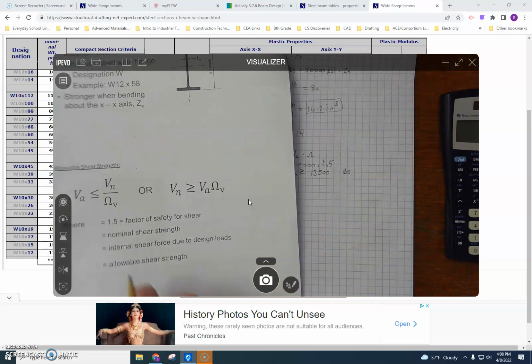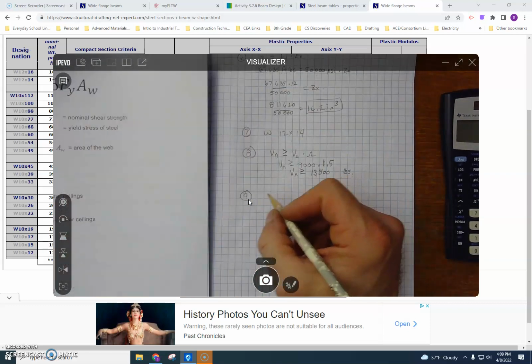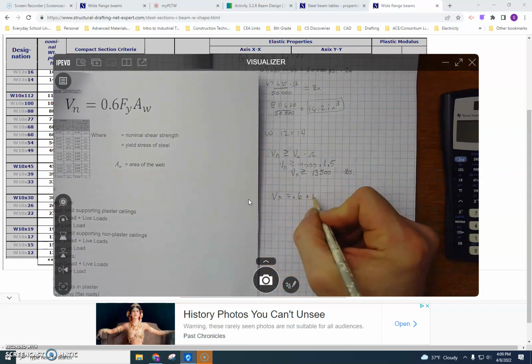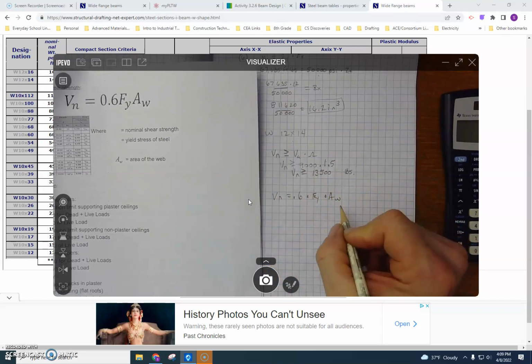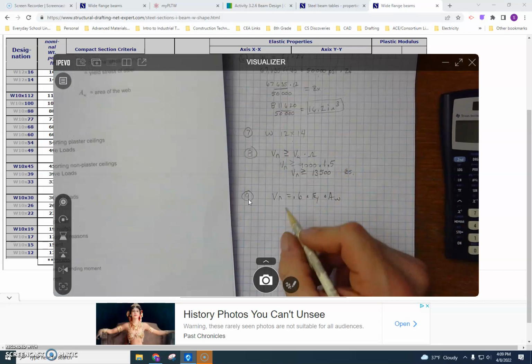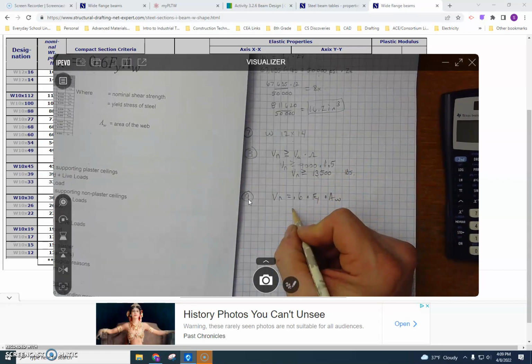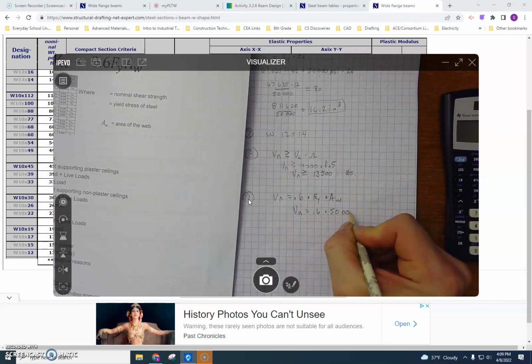So, the next formula is this formula. Vn equals 0.6 times Fy times AW. Okay, so we know Fy, they gave that to us at the very beginning, so the Vn is going to equal 0.6 times 50,000.